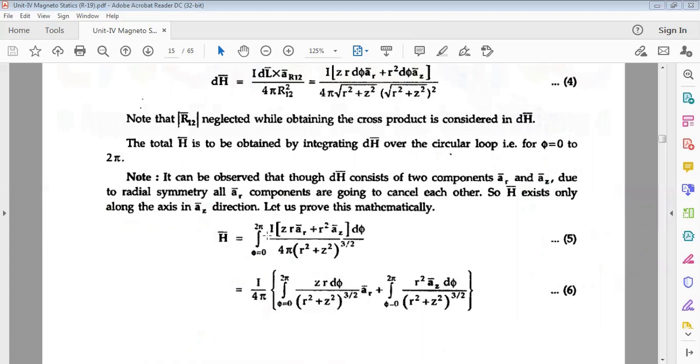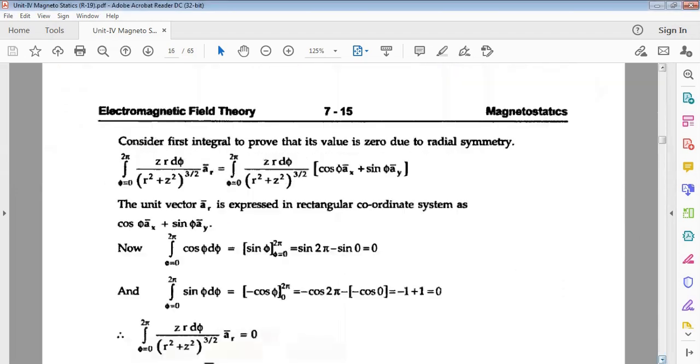And I into Z R AR bar plus R square AZ bar dφ, and the 4 pi R square plus Z square whole power 3 by 2. Got it? In this, the first integral having the Z R dφ and denominator is the same, and R square AZ bar denominator is the same, the two functions.